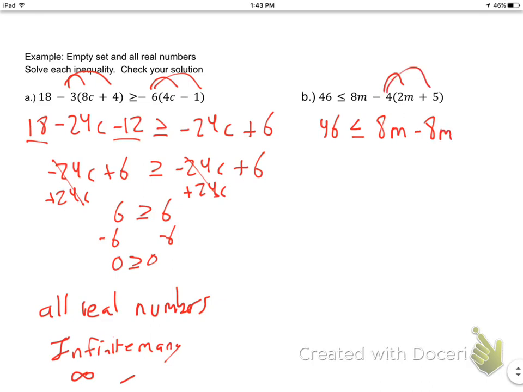And negative 4 times 5 is negative 20. Oh, what happens to the 8m minus 8m? They cancel. And so you get 46 is less than or equal to 20. Is 20 bigger than 46? Are they equal? No. So no solution. What's that now? You did that way too fast.